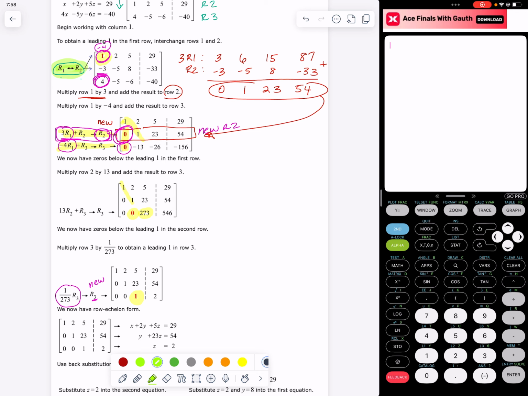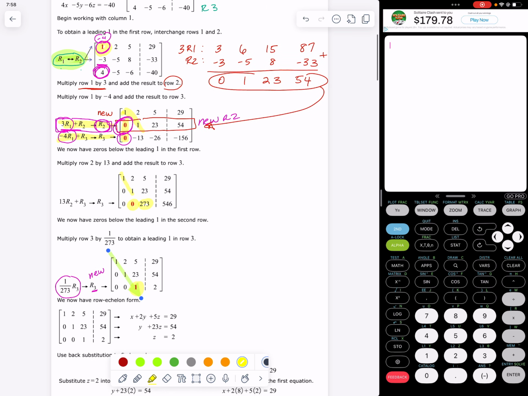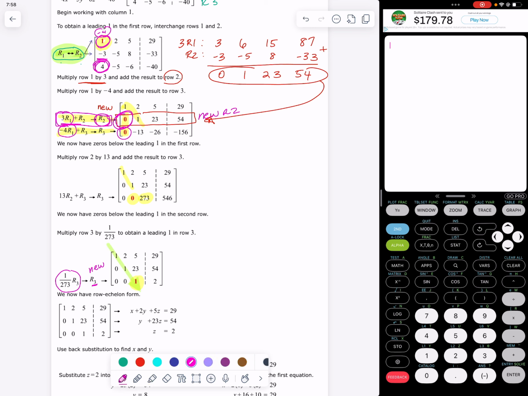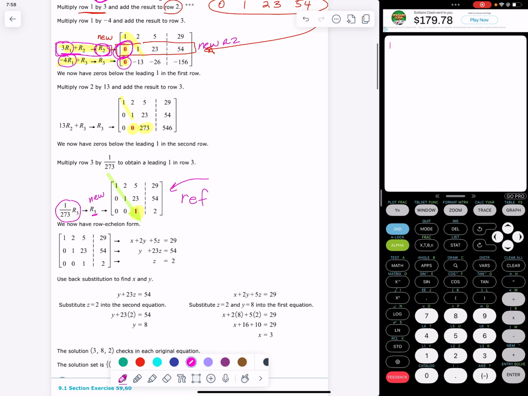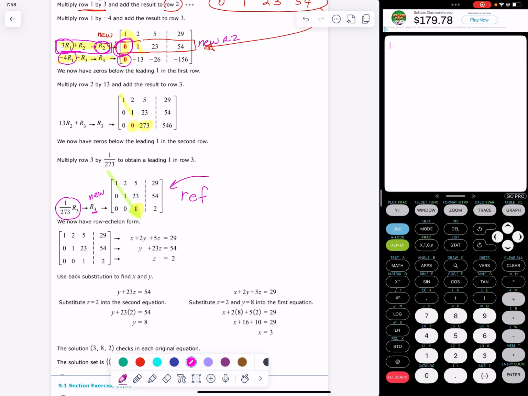Once you have this diagonal of ones and you have your zeros below, you then have row echelon form. So this is row echelon form right here. But what we like is reduced row echelon.